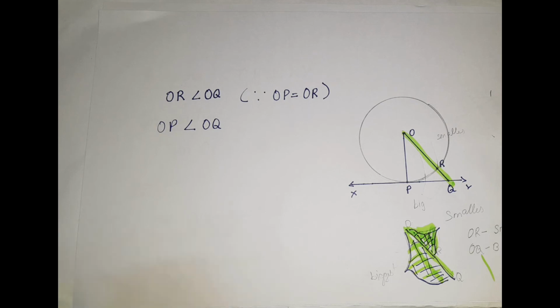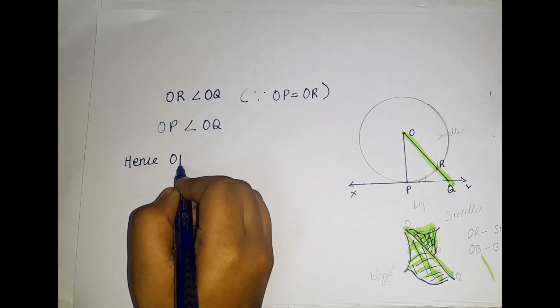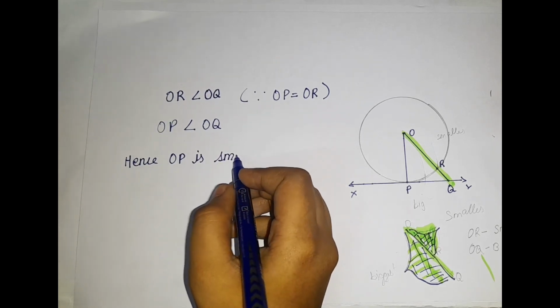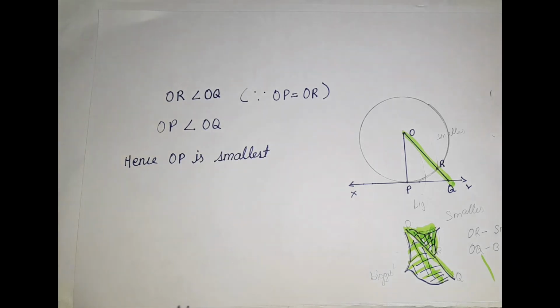So hence, now let's write: hence OP is the smallest side. Whether it is the smallest line. Okay, I am sorry guys for using the word side. Since I did the video on triangles, in that we are supposed to use sides, so I just got confused.